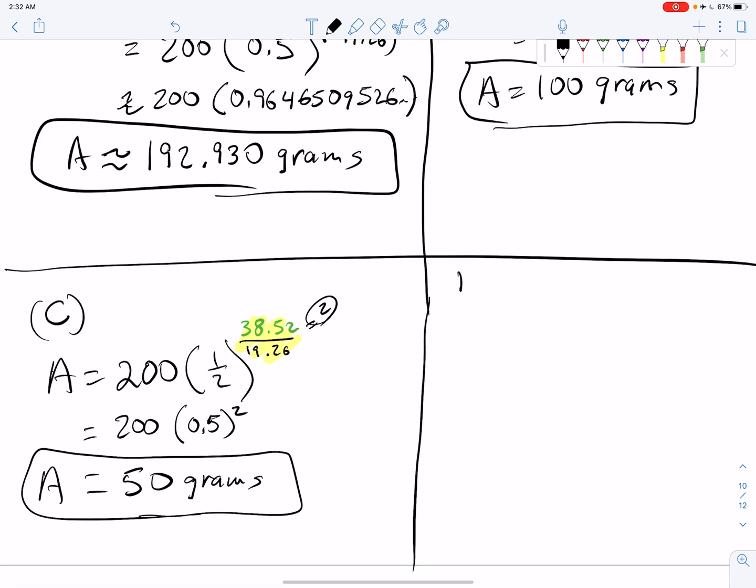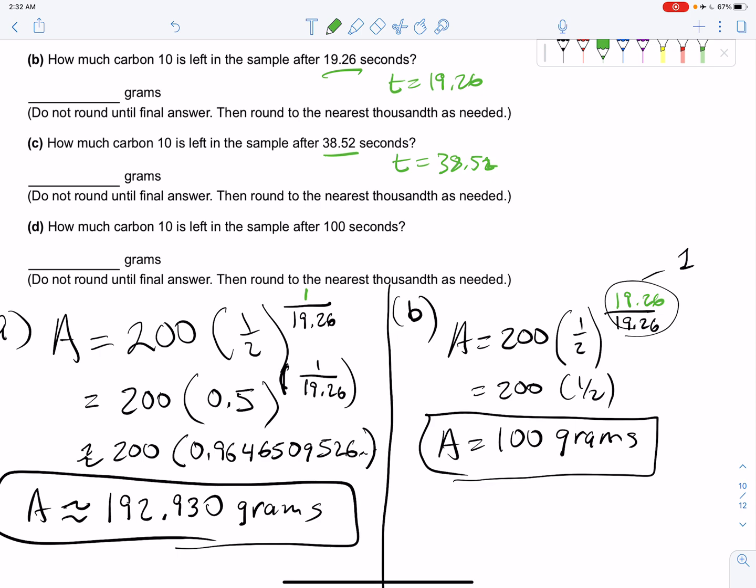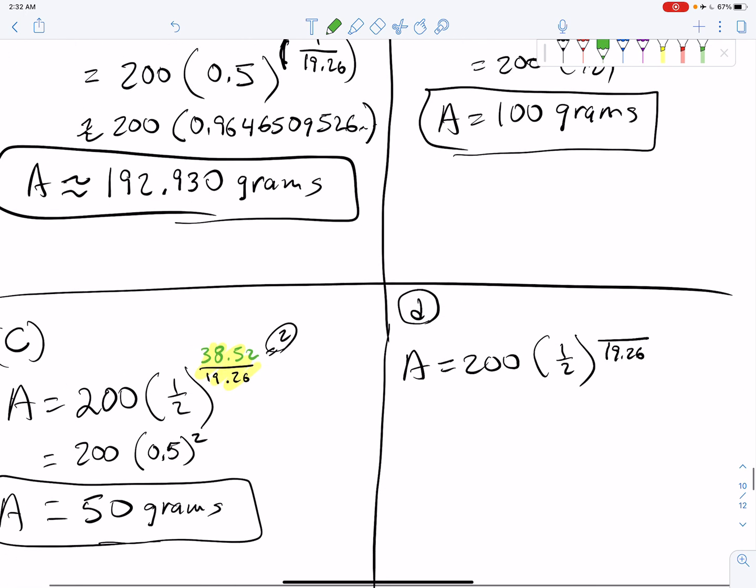And then finally, part D. Starting with 200, half, 19.26. On part D, how much is left after 100 seconds? That would be t equals 100. We put a 100 in here.